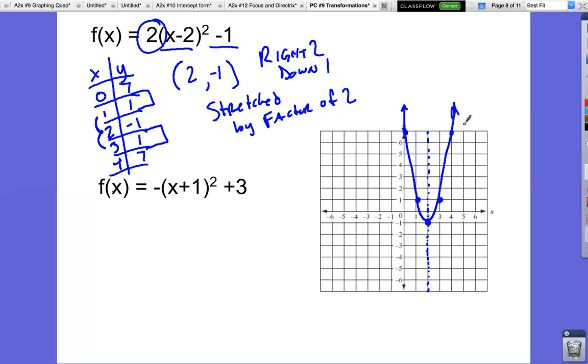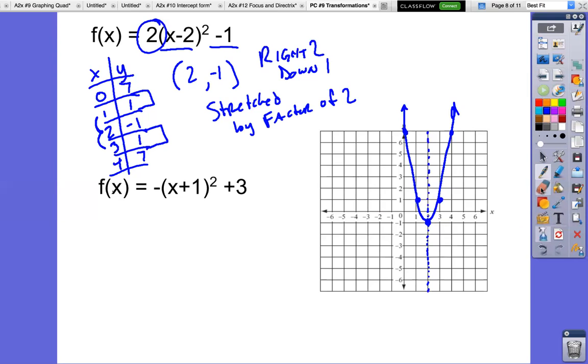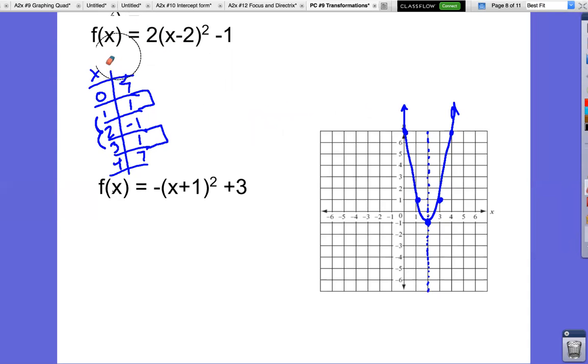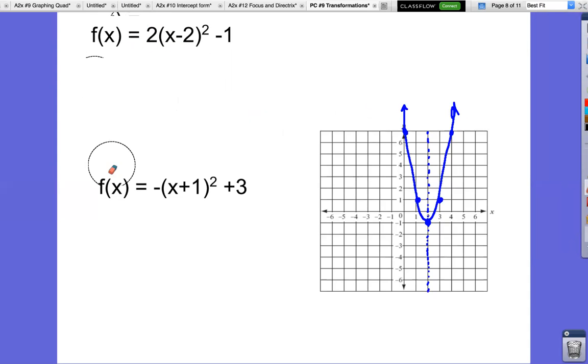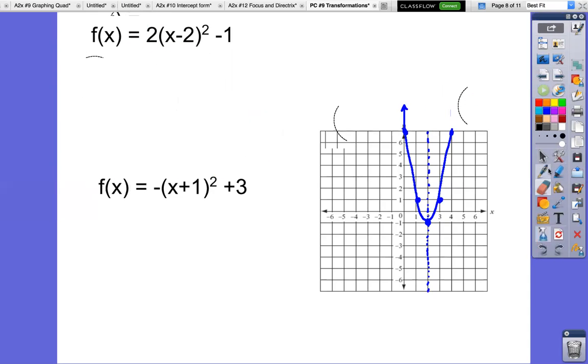There you go. By the way, does anybody remember how to graph this without making a table, just using the A value? No. Okay. So here it is.